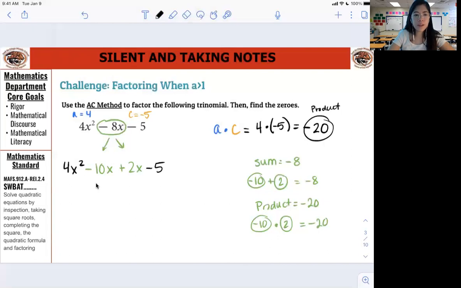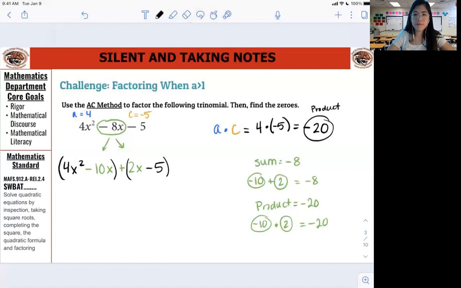Cool. Now I'm going to factor by grouping. So remember, we're going to group the first two terms and we group the second two terms. This isn't going to work. Oh, it will. Don't worry. You'll see why. Let's start through it. So what do 4x squared and -10x have in common?